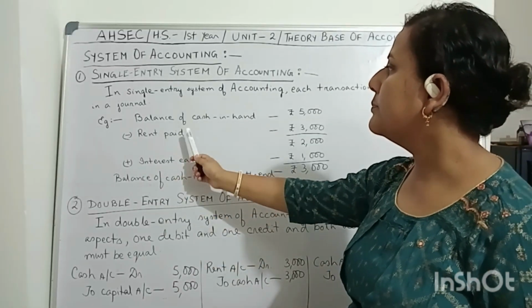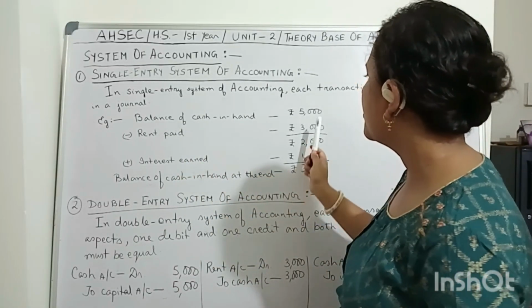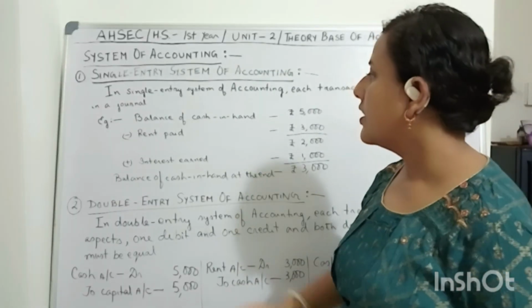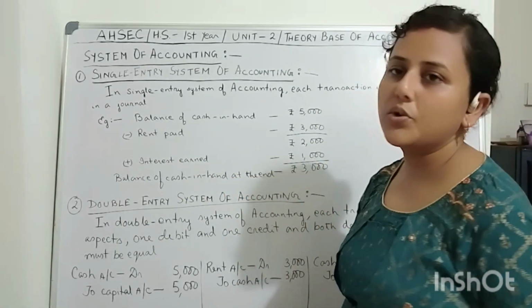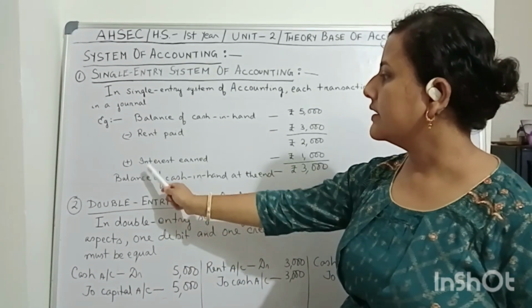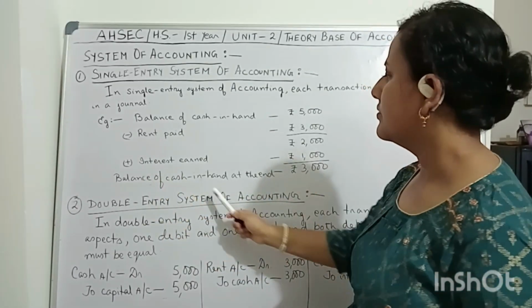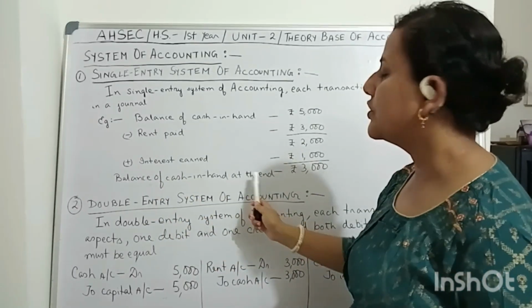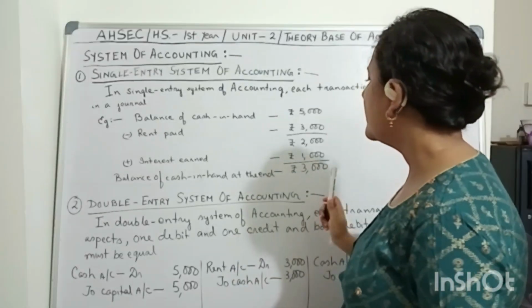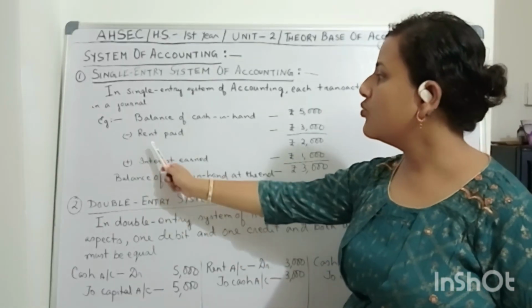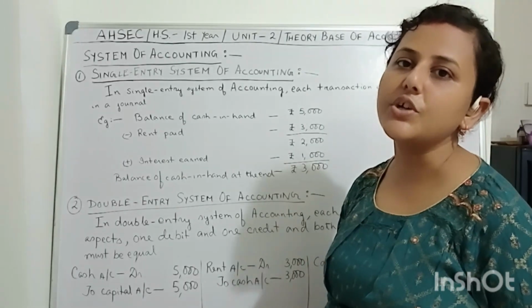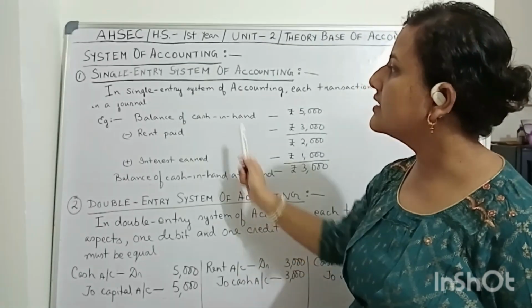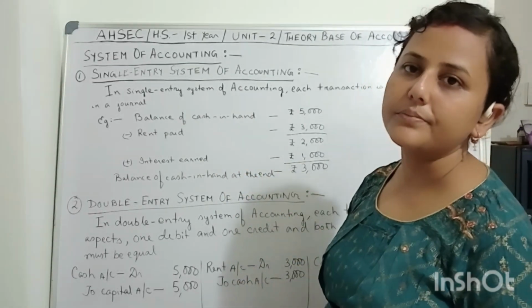As for example, balance of cash in hand, suppose it is 5,000. Then rent paid, it is deducted, so it is 3,000. Interest earned, it is added up, 1,000. So what is the balance of cash in hand at the end? It is 3,000. So you see, only one time the transactions are recorded in the journal. So it is said to be the single entry system of accounting.